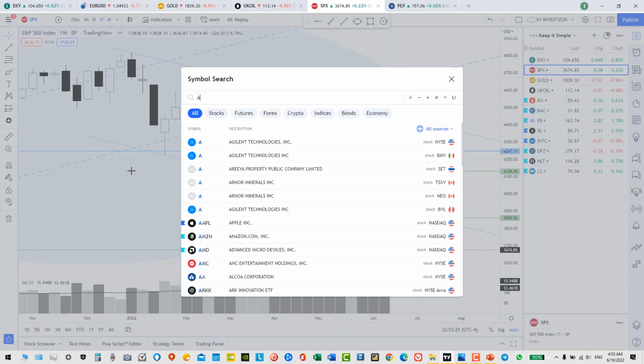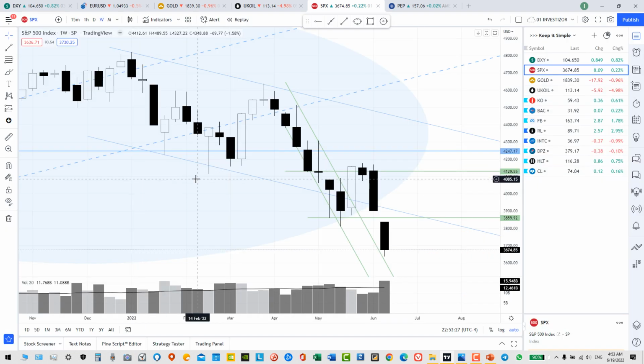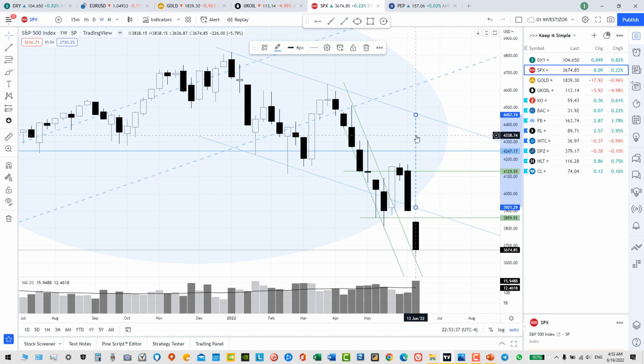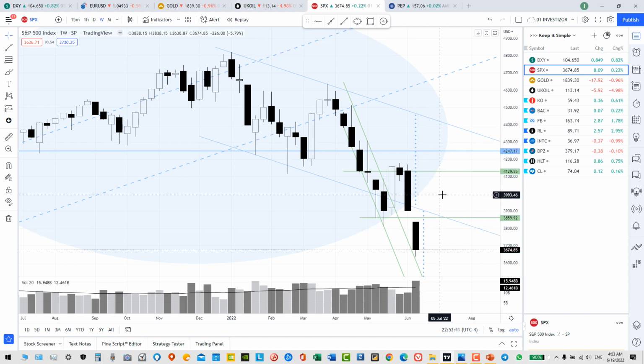So the medium term target of this break is as follows. The thickness of this downward channel, or downward trend, is added to the level of break downward.